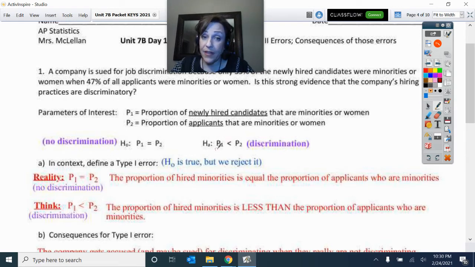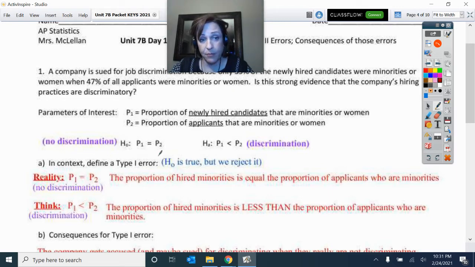But if the proportion of hired minorities and women is less than the proportion of applicants that were minorities and women, then the company is considered discriminating. Okay, so in context, describe a type 1. So H0 is true. The reality is there is no discrimination happening.